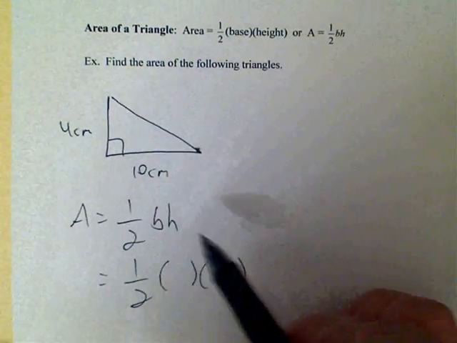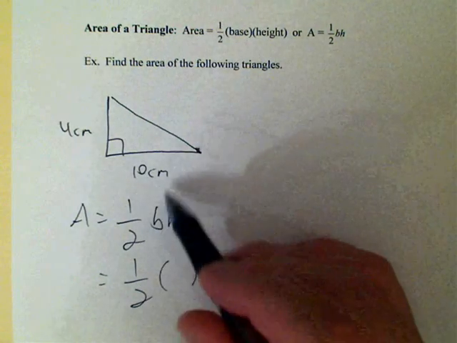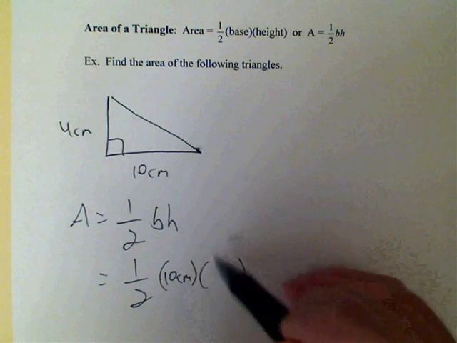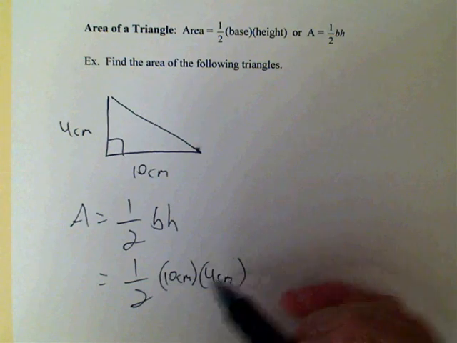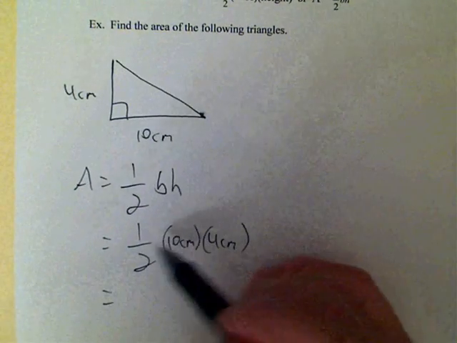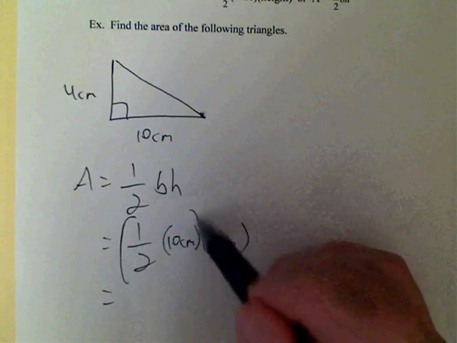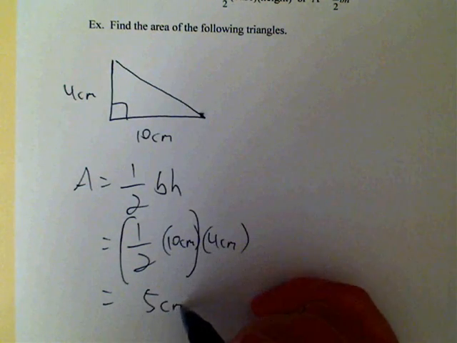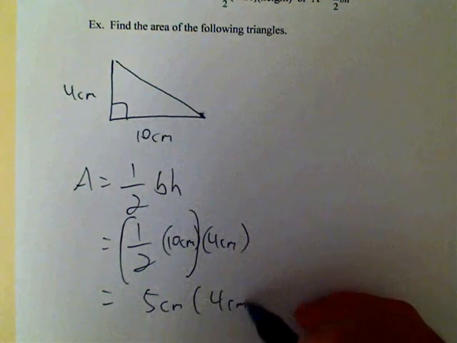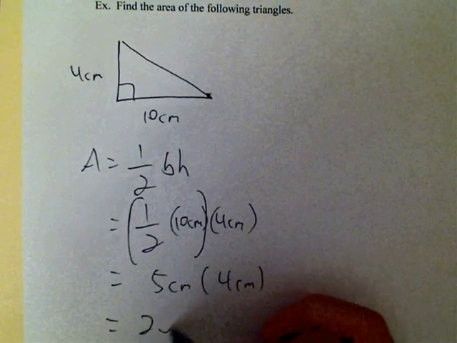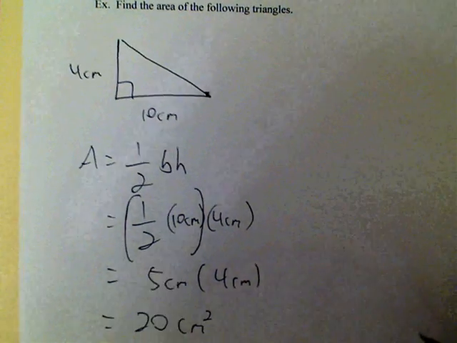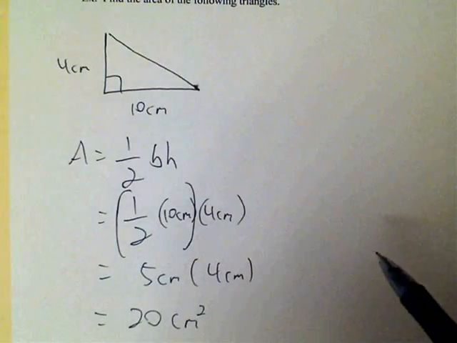I always use parentheses to represent substitution. The base is 10 centimeters and the height is 4 centimeters. So what we're going to do is take half of 10. Half of 10 is 5 centimeters. Then multiply that answer by 4 centimeters. And we get 20 square centimeters. Centimeters times centimeters is centimeters squared.